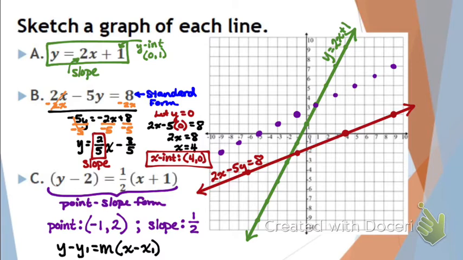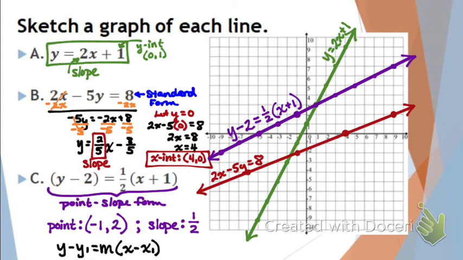And grab my straight edge. Make sure you put arrows on the ends of your lines and make sure that you label your lines. So y minus 2 equals 1/2 times x plus 1.